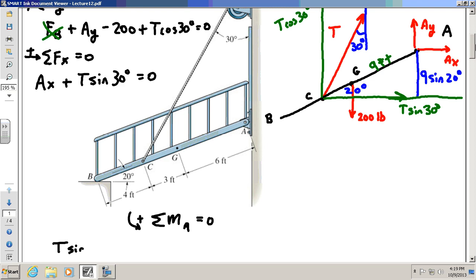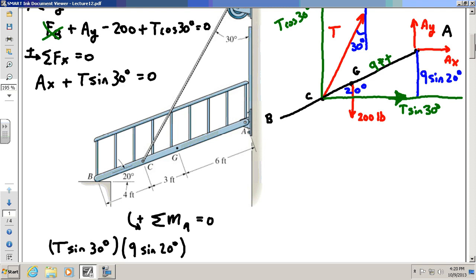Let's write it, T sine 30, okay? What's its perpendicular distance to A? Well, I already gave it to you. It's 9 sine 20, okay, that blue line. So you say T sine 30 times 9 sine 20 degrees. And then you say, okay, well, is that clockwise or counterclockwise around A?